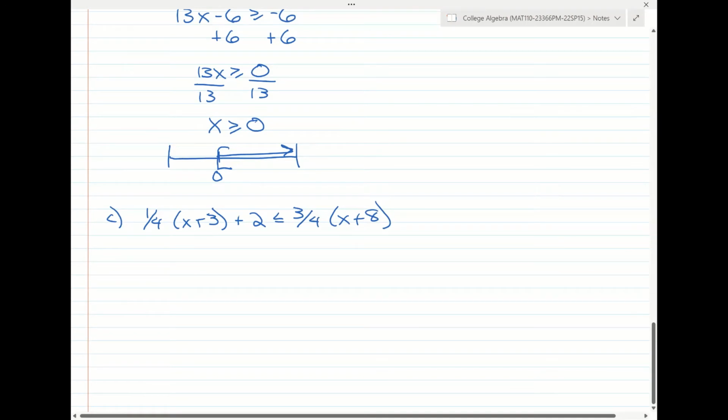Solve this the same way we did those other problems. We just have fractions to work with now. You can use a calculator if you're a little uncomfortable with fractions.